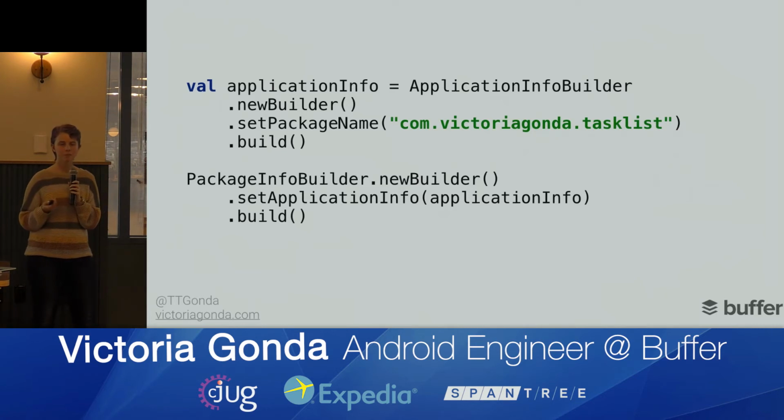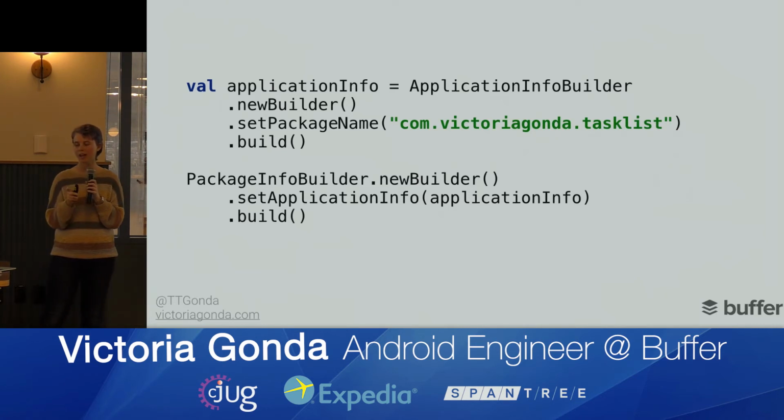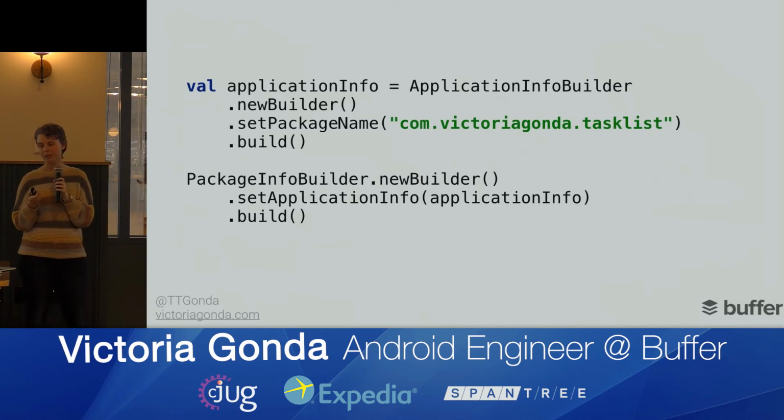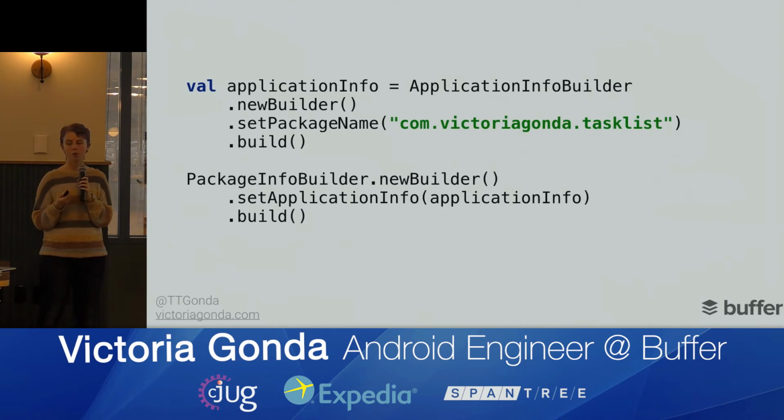They follow the same pattern of the name of the class with the postfix builder. So here, package info builder and application info builder. You can chain together using the builder pattern and then build. And this is used for some Android classes that might not have public constructors for you to create in your tests otherwise.